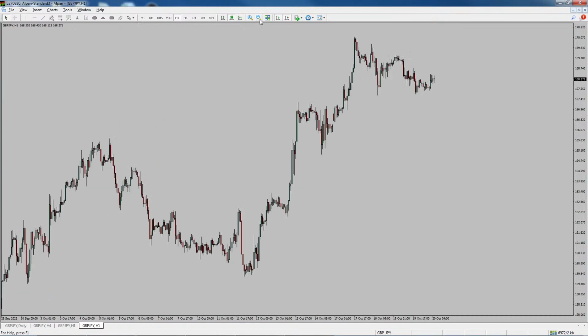Okay, so for those who are interested in trading, this looks to me like a nice bullish trend channel.